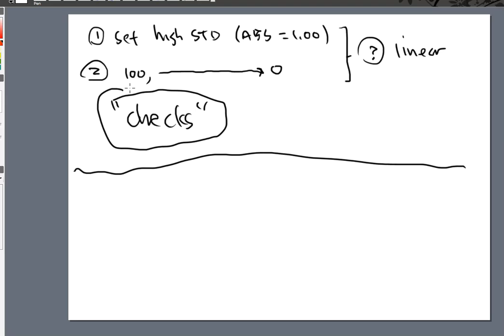All right. Next up, we're going to reset everything after we run what we're supposed to run. We're going to reset all of it. And then we are going to go back in and create a new method, choose sodium again, choose the emission again. And this time we are going to set our high standard, not at 100 this time, but at 10.